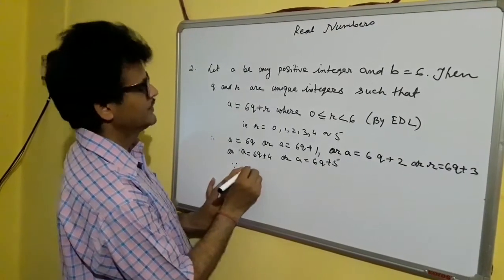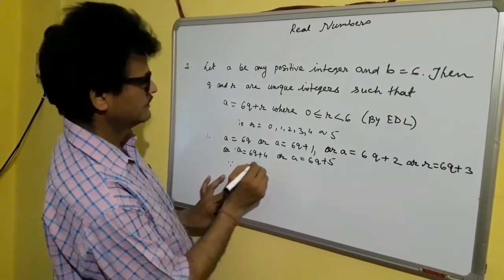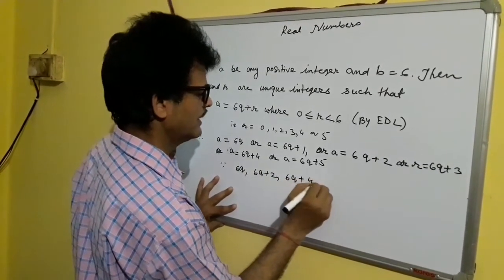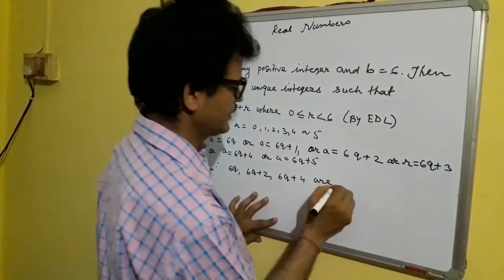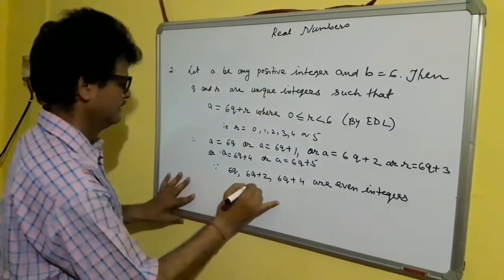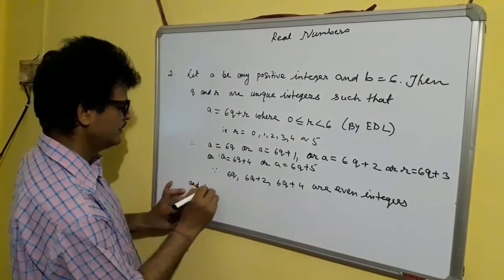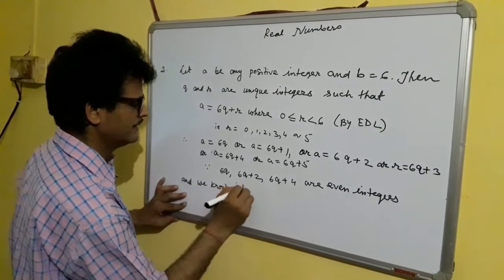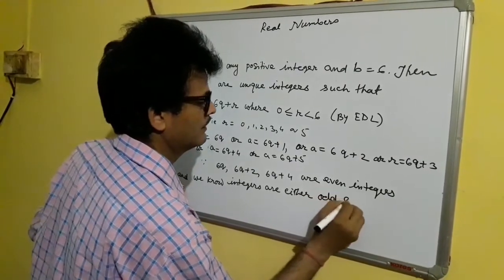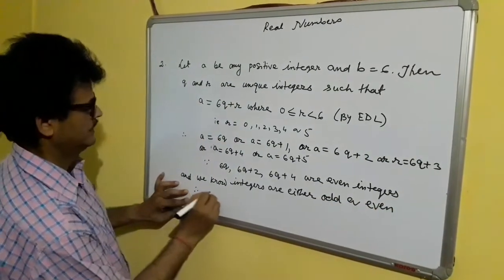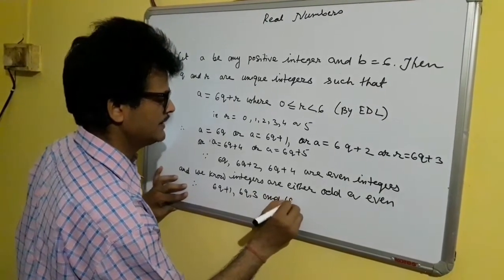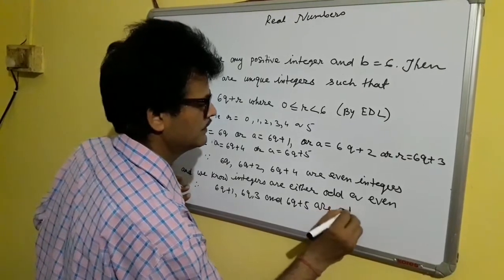Since 6q plus 2 and 6q plus 4 are even integers, and we know integers are either odd or even, therefore 6q plus 1, 6q plus 3 and 6q plus 5 are odd.